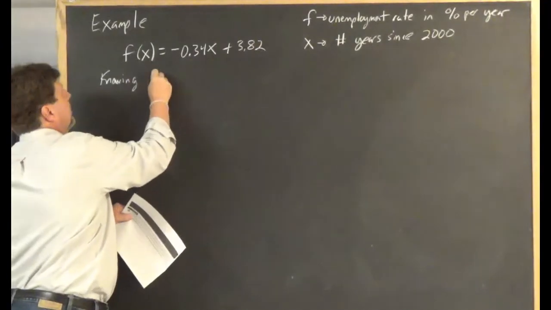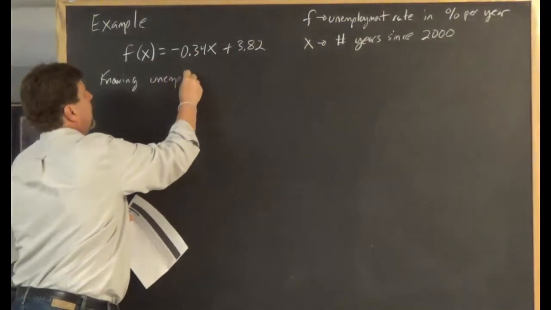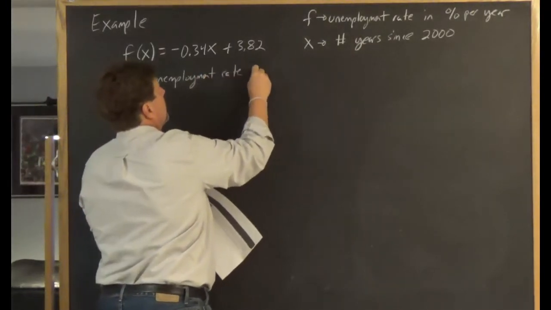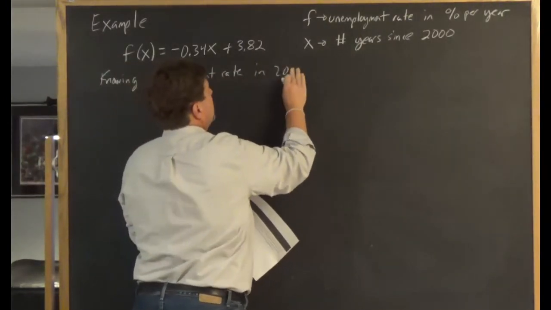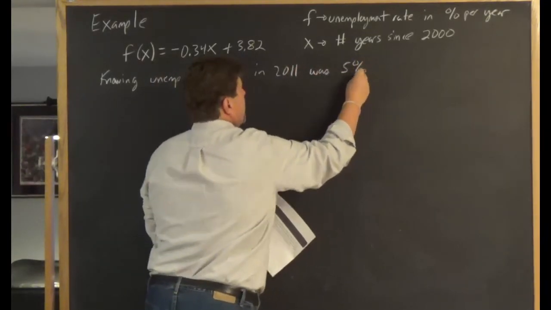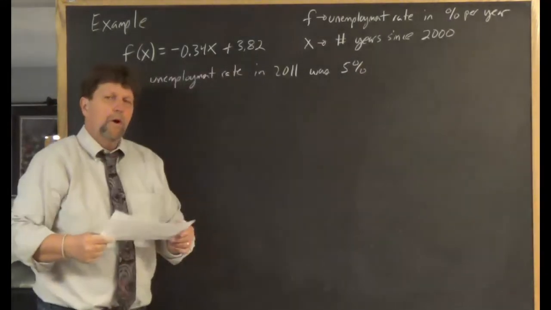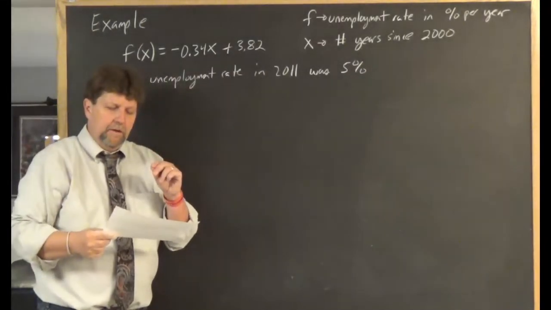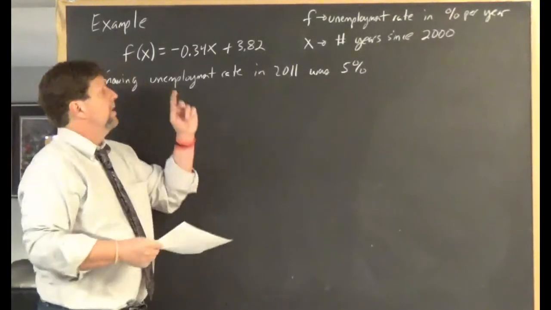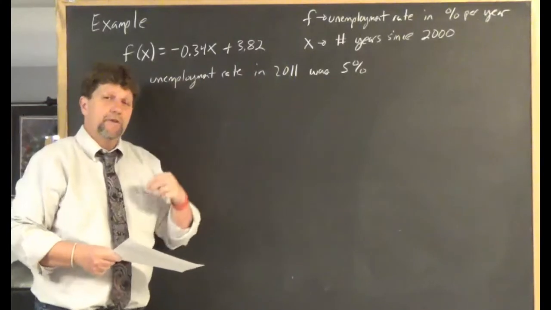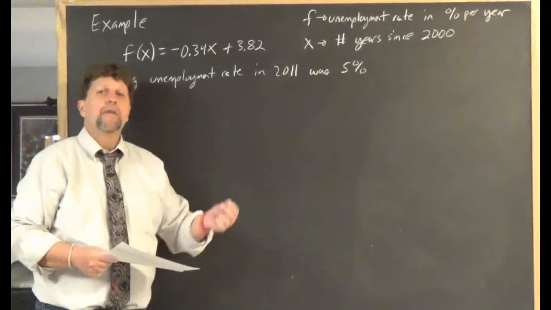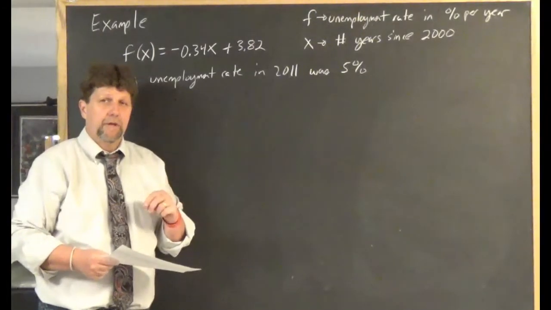Knowing the unemployment rate in 2011 was 5%, we're asked to find the function that models the unemployment rate. So we have the rate of change function for the unemployment rate. We're asked to come up with the function that models the unemployment rate.